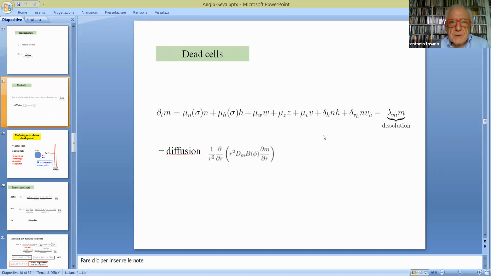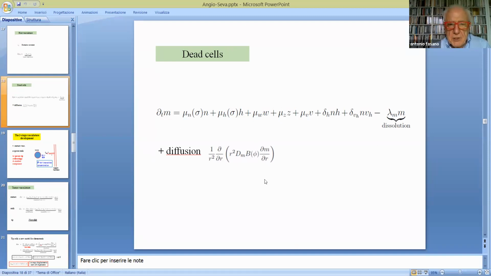Dead cells are generated by the death of tumor cells, the healthy cells, all the cells participating in the angiogenesis process, generated by the death induced, or the healthy cells induced by the tumor, and all other origin of dead cells, and they dissolve gradually at some rate.